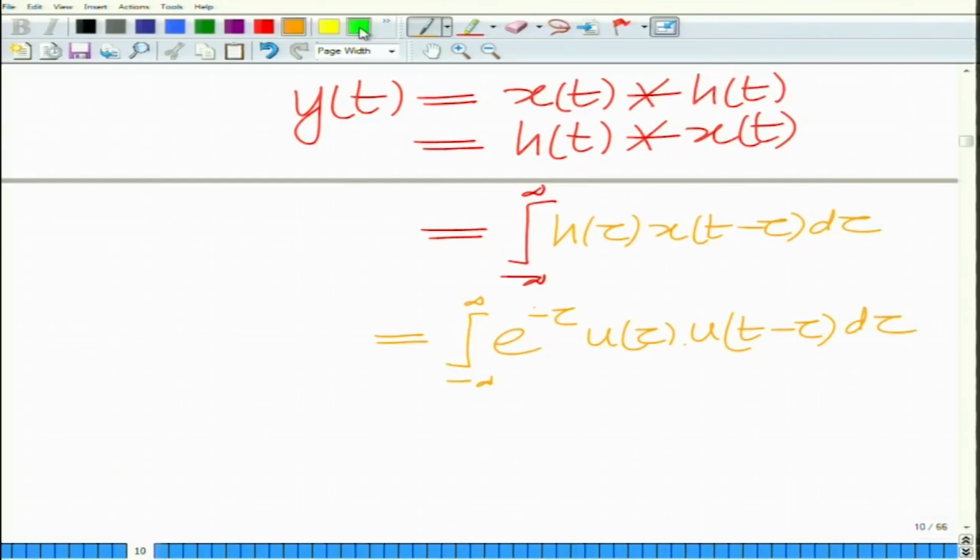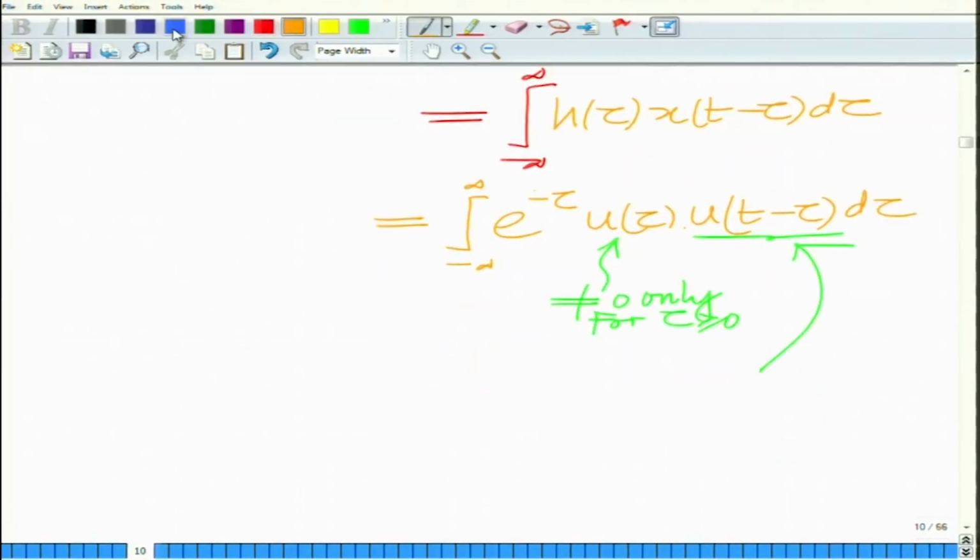Now, u of tau is non-zero only for tau greater than or equal to 0, and u of t minus tau is non-zero only for t minus tau greater than or equal to 0, implying tau less than or equal to t.